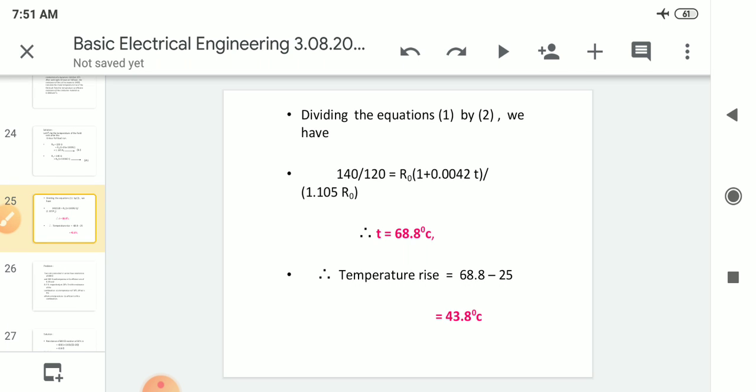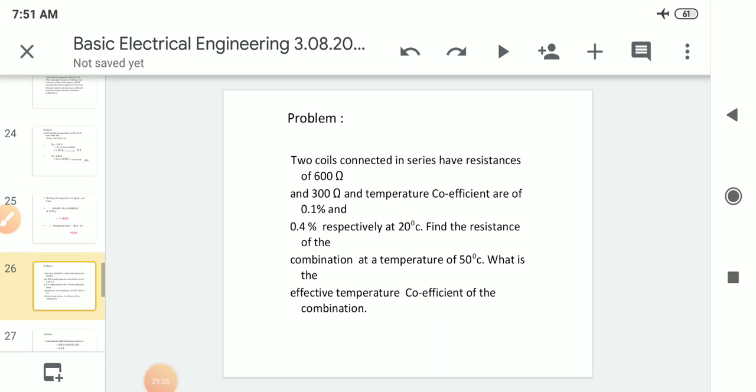This is the answer. It is a very simple problem. The question is big but the solution is very small.